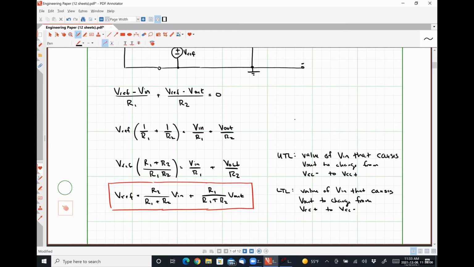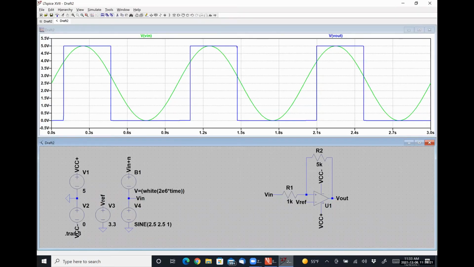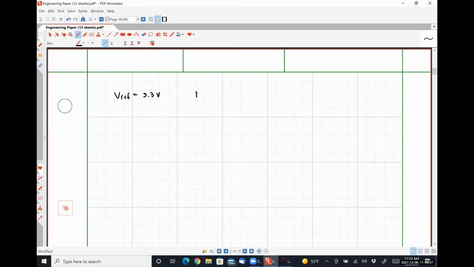So we had Vref equal to 3.3 volts, right? That's what our simulation had. We can double check that real quick. V reference is 3.3 volts. R2 is 5K, R1 is 1K. All right.